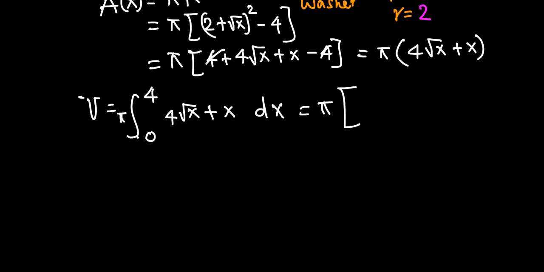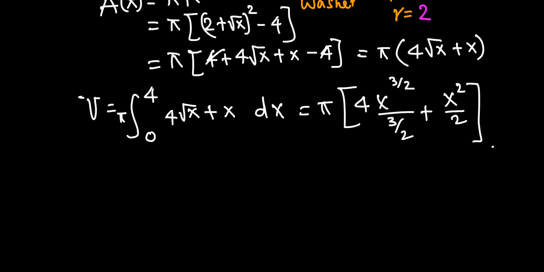Let's find the antiderivative of 4 root x. Root x means x raised to 1/2. The antiderivative of x to the 1/2 is x to the 3/2 divided by 3/2, plus x squared over 2, from 0 to 4.